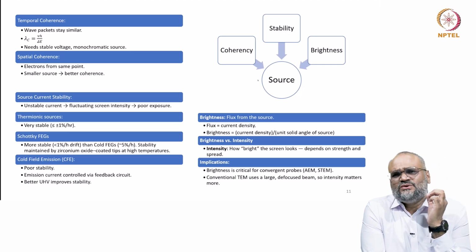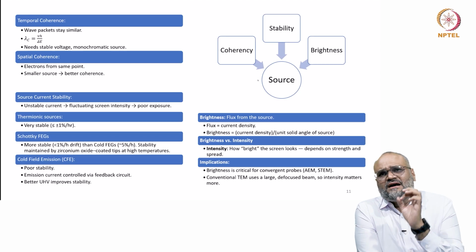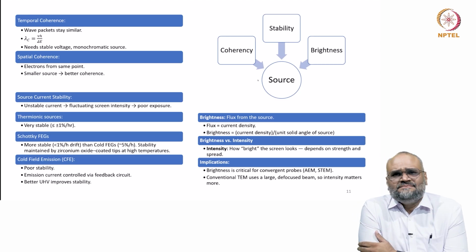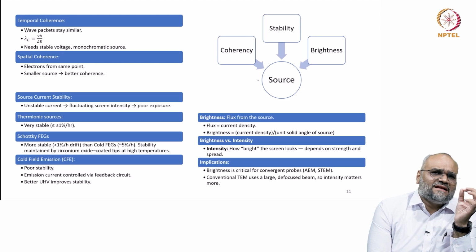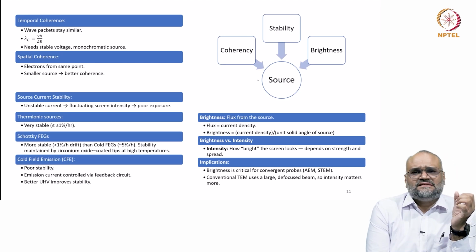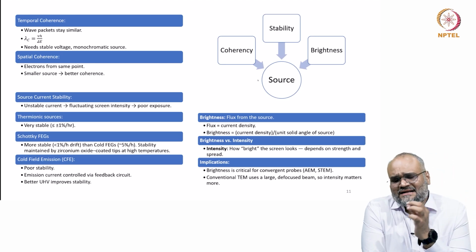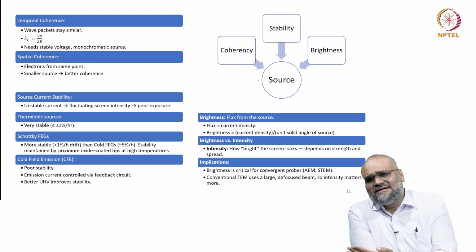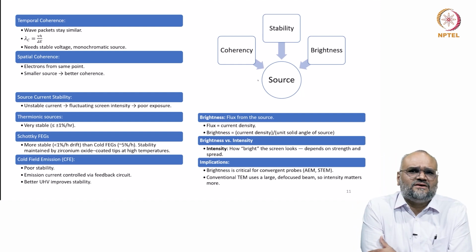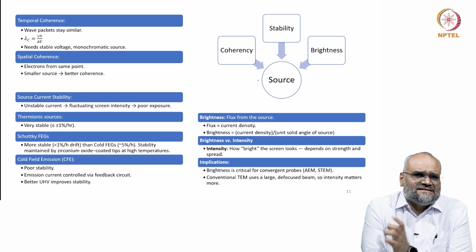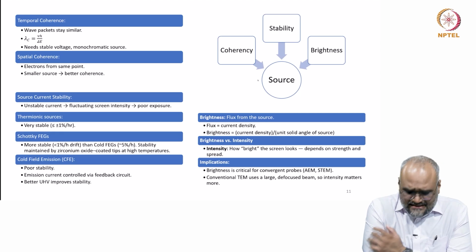Brightness has a unit of current per area or current per area per solid angle, whereas intensity is what you record once these bright electrons are emitted from the source, incident on the specimen, and incident on the screen: how bright or how dark it appears. There is a small difference between brightness and intensity.